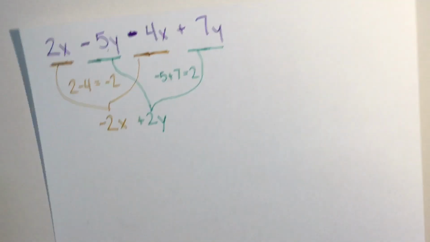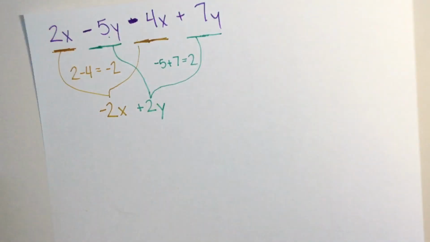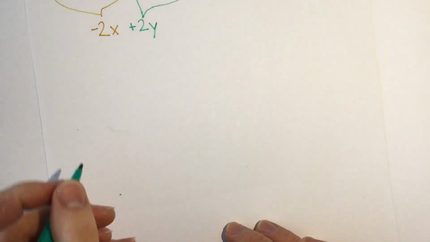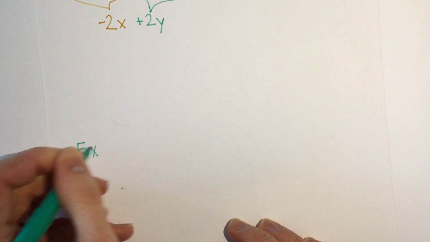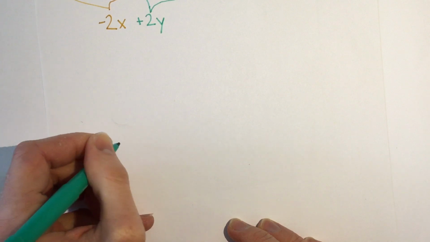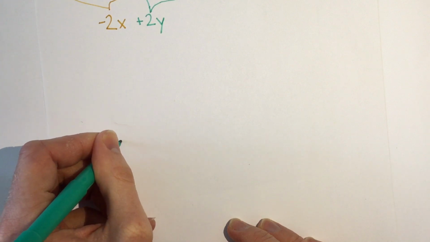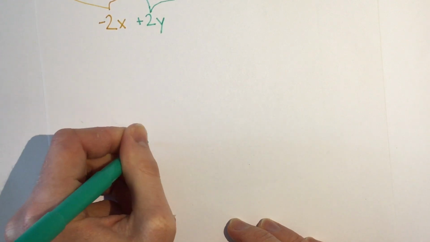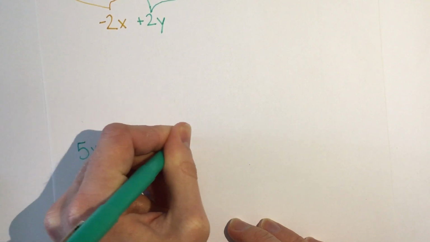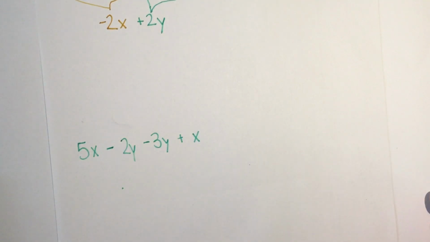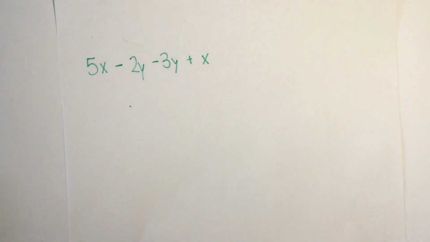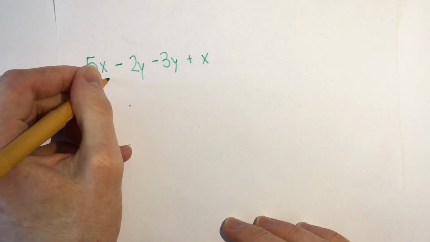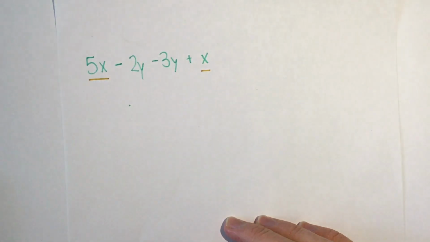And one other thing we want to watch for is when we get a negative answer. So let's say we have one more example here. 5x minus 2y minus 3y plus x. Here, we look at our like terms, 5x plus x.